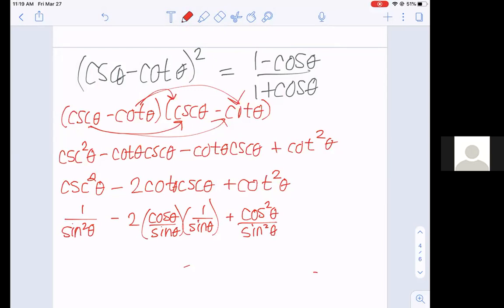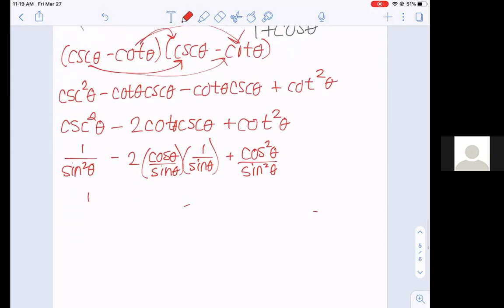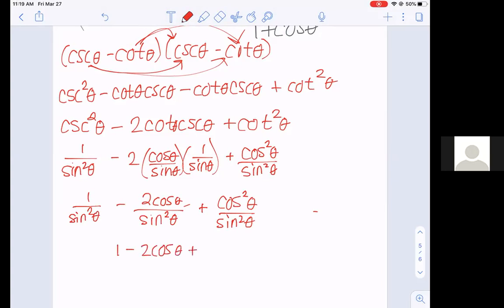Okay, so lucky for us, all the denominators are ending up the same, so we can easily add our fractions. But I'm just going to clean up the way this looks. Okay, and we end up with 1 minus 2 cosine theta plus cosine squared theta divided by 1 minus cosine squared theta.